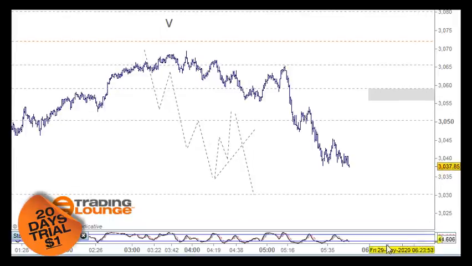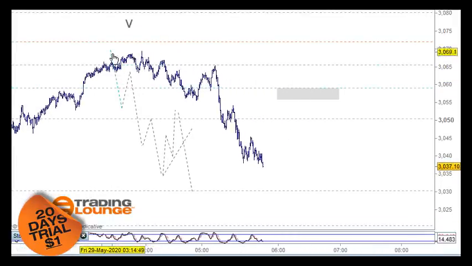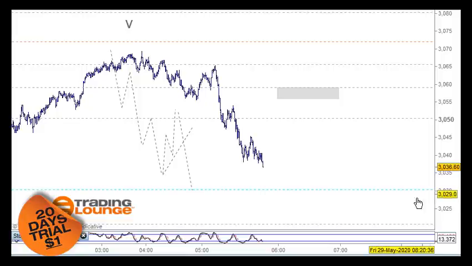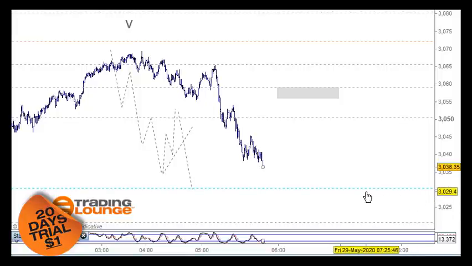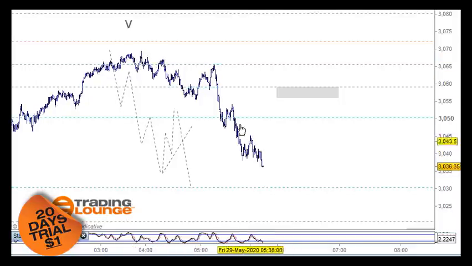So what I was looking for here, if I can just use this drawing here, 1, 2, 3, 4, 5 here. I need to spend some time. That might drop down to 30 here and pop from that point. But it does appear that we're getting an impulse wave to the downside. So there is a case for having a top in play now.